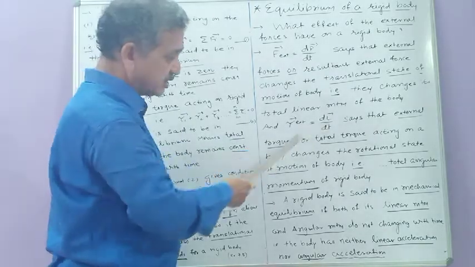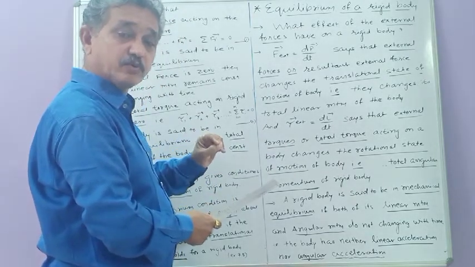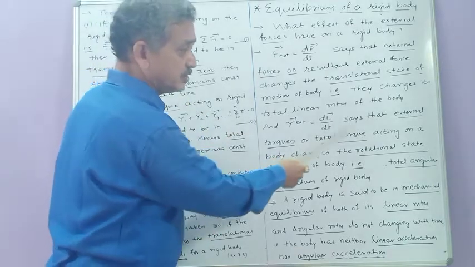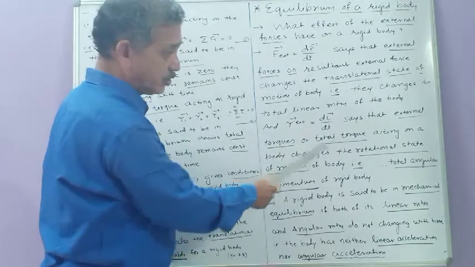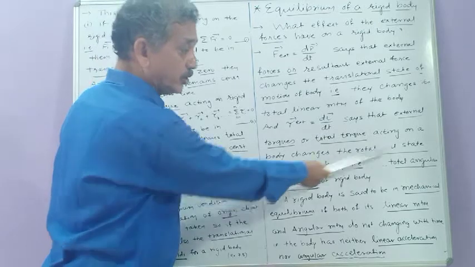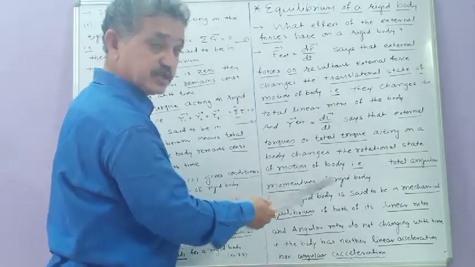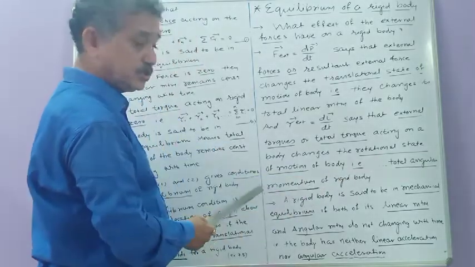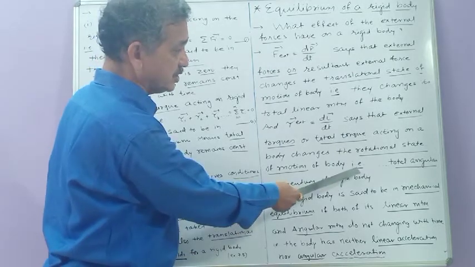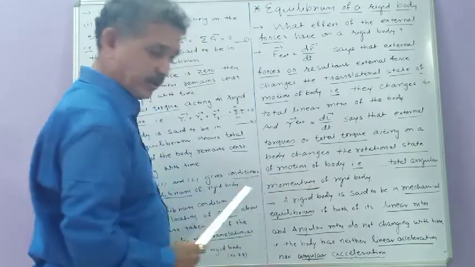These external torques arise due to external forces. So this equation says that the total torque acting on a body can change the rotational state of motion of the body, that means it can produce a change in the total angular momentum.